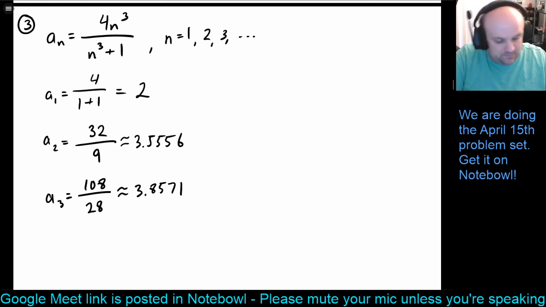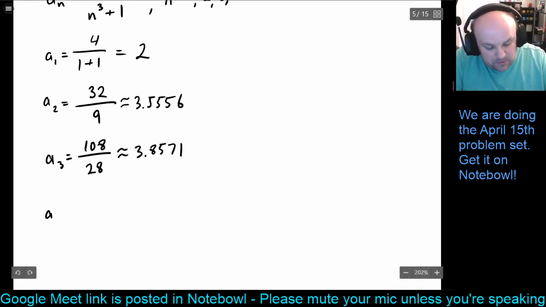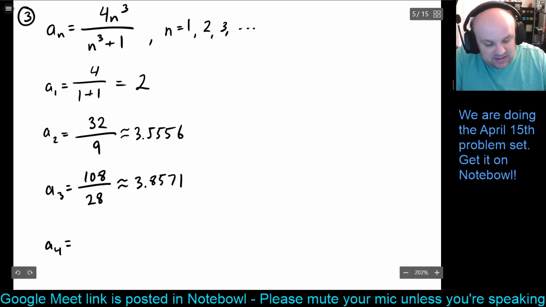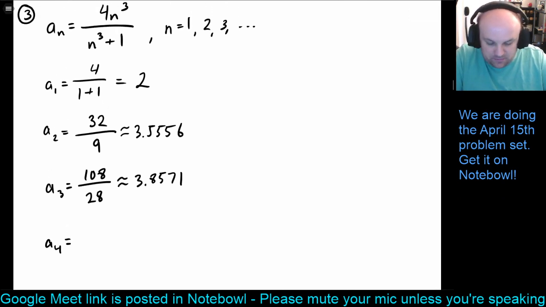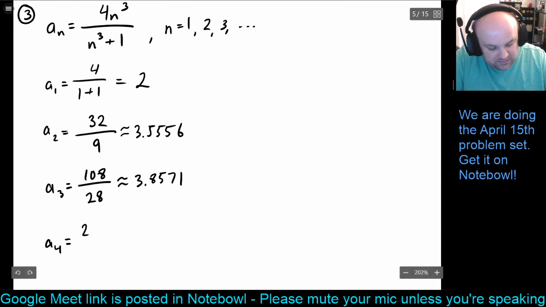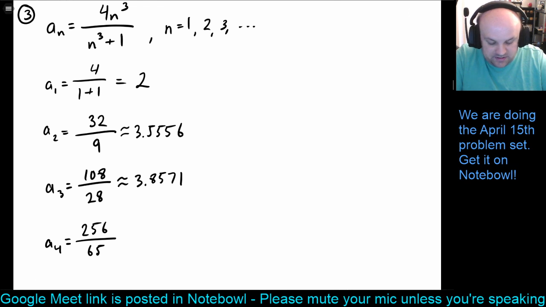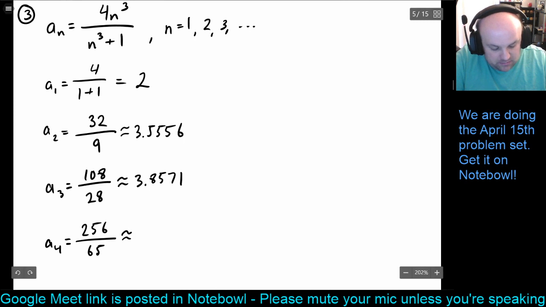And a4, the exact value, is 4 to the 4th, basically. It's 256 on top, over 4 cubed plus 1, which is 65. 256 over 65 is about 3.9385.